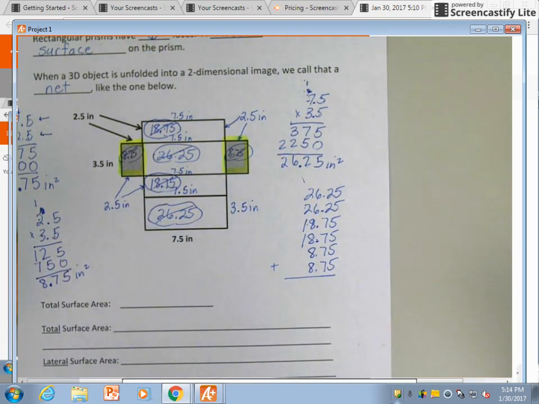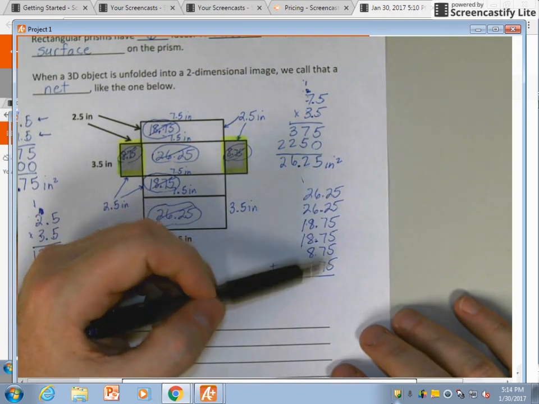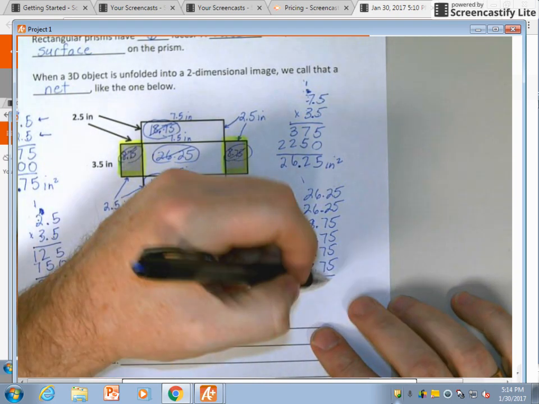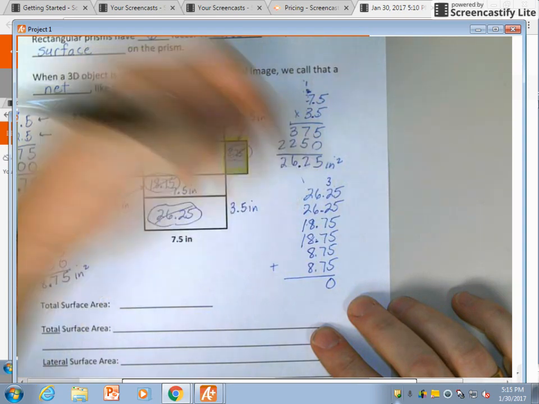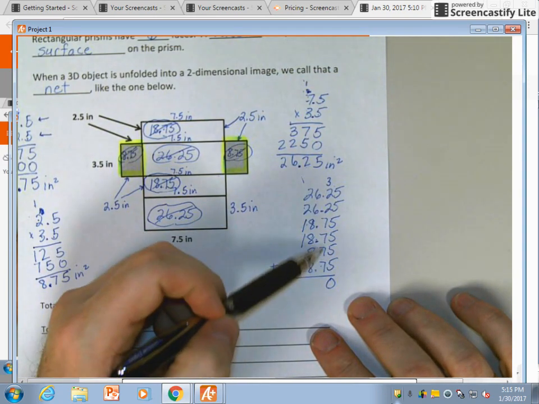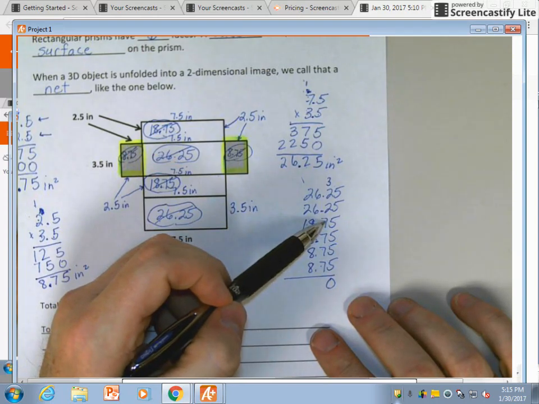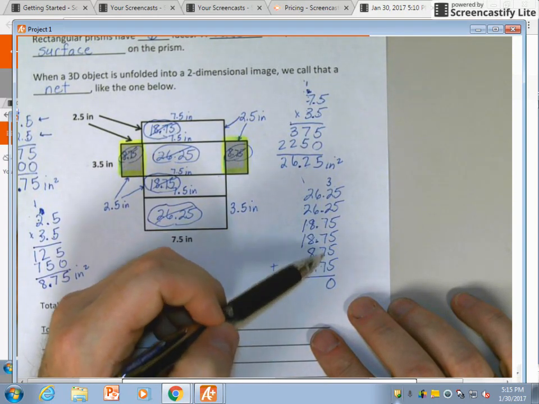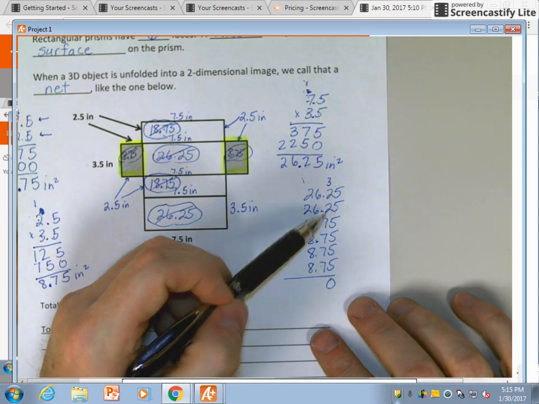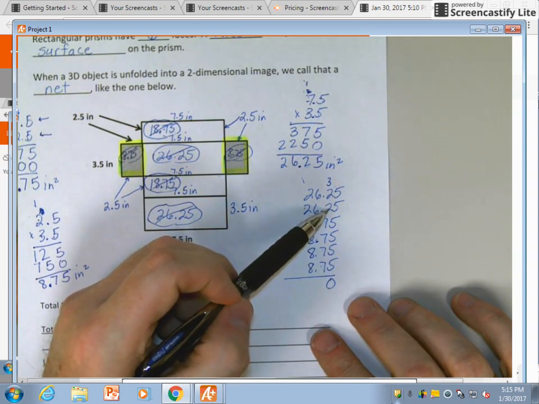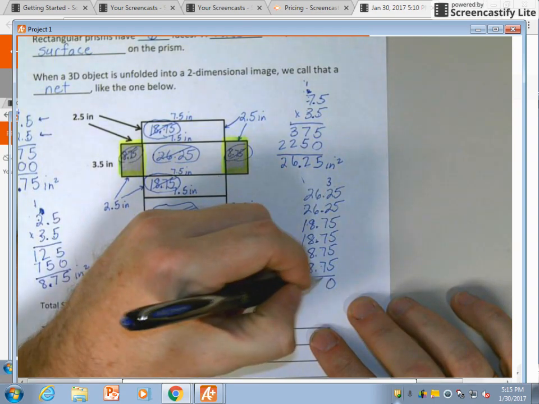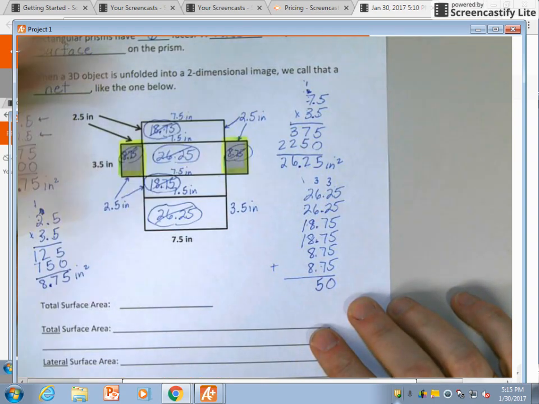And of course, we're going to add them. I have 6 5s. 5, 10, 15, 20, 25, and 30. The 0 goes down and the 3 goes up. I have 4 7s: 7, 14, 21, and 28. Plus 2 is 30. Plus 2 more is 32. Plus 3 is 35. The 5 goes down and the 3 goes up.